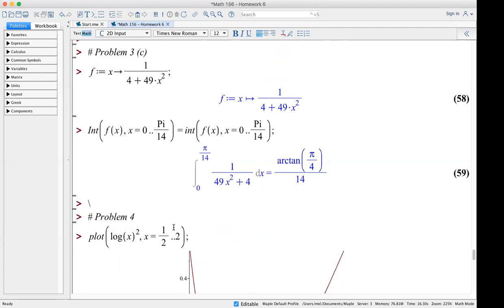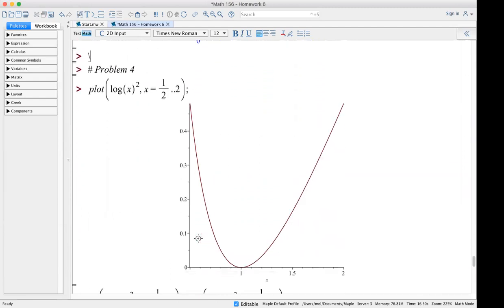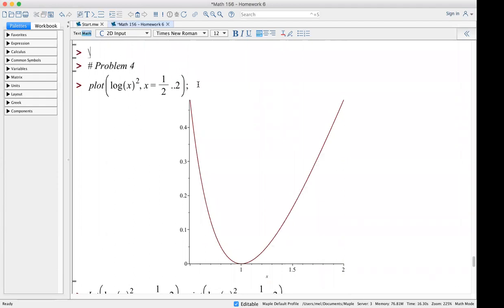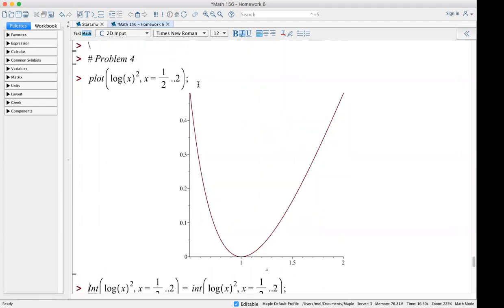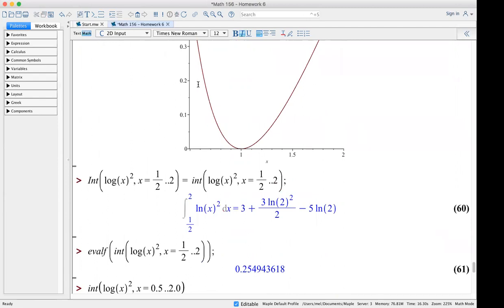Problem 4, we have a function, log of x squared, from 1/2 to 2. That's what the graph looks like. And when you integrate from 1/2 to 2, you get the area under the curve. That's what it is.